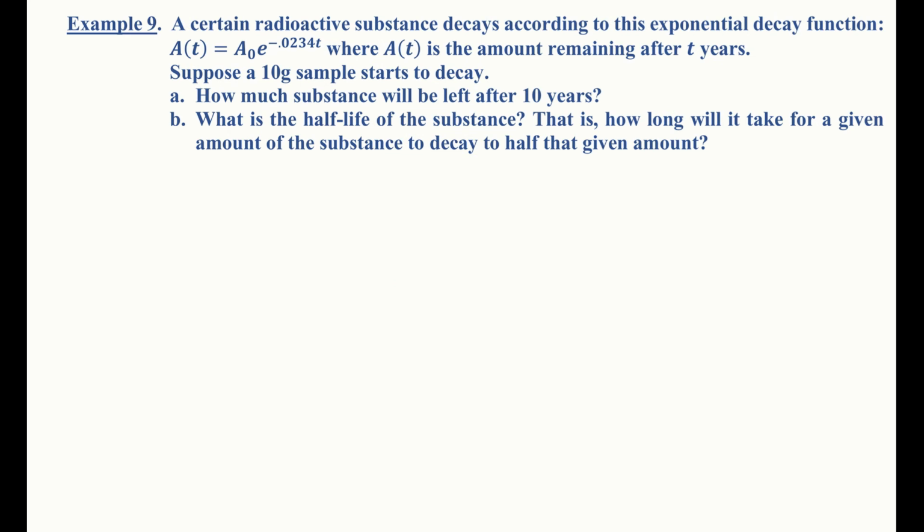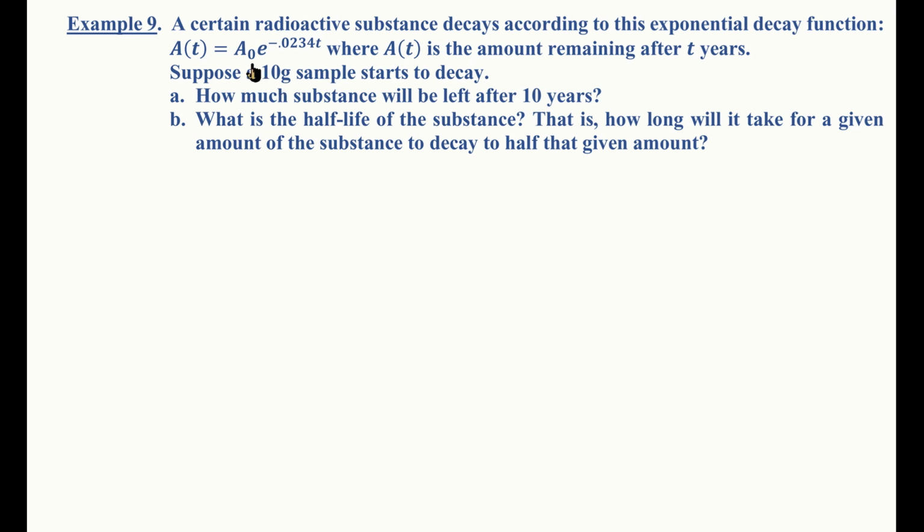All right, so the previous problem was in the category called doubling time. This one, we're going to be dealing with a concept known as half time. So here we have a certain radioactive substance which is decaying at a rate which can be explained by this exponential equation. Here, A0 stands for the initial amount. So when the clock starts ticking, let's say you have a certain amount, like in this example, 10 grams.